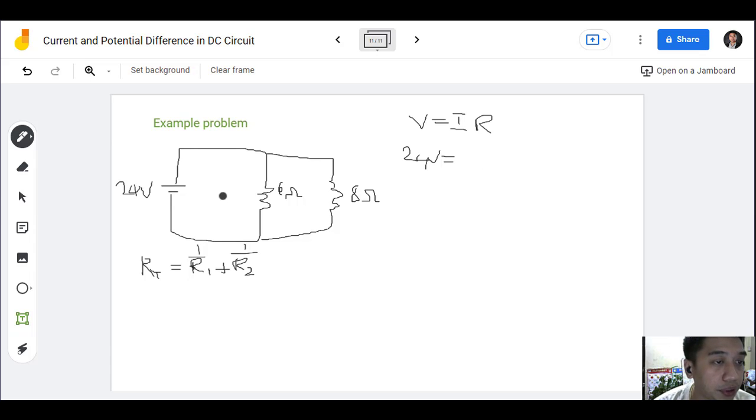And our current is unknown. And our resistor here is 6 ohms. So let us divide 24 divided by 6. That would be equivalent to 4 ampere. So yung nagpo-flow na current dito is 4 amps.